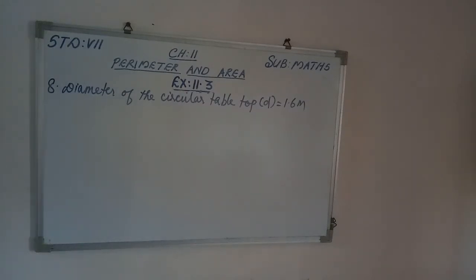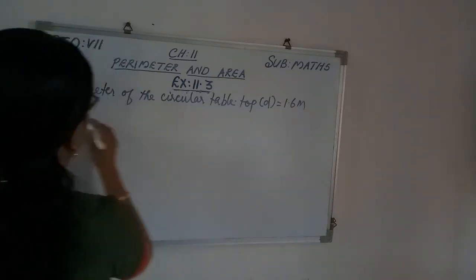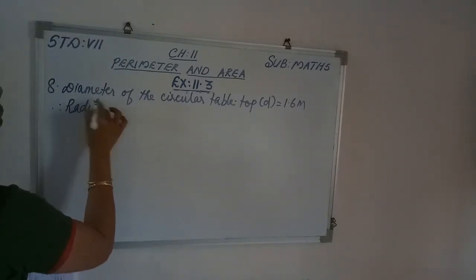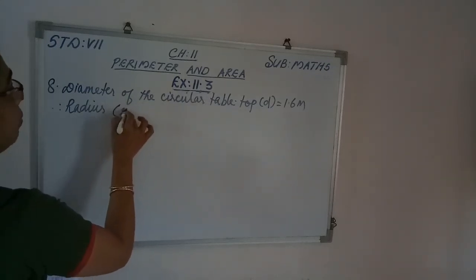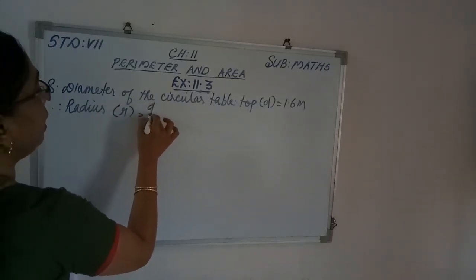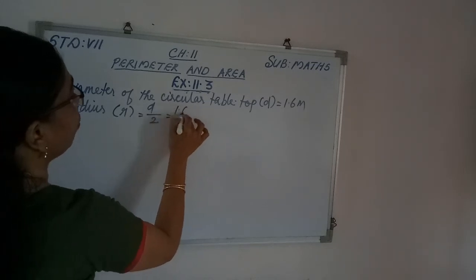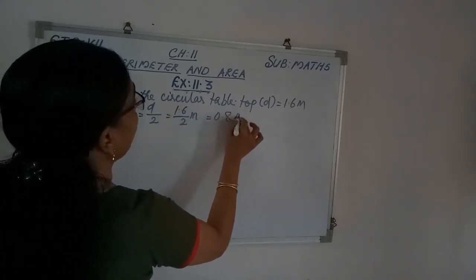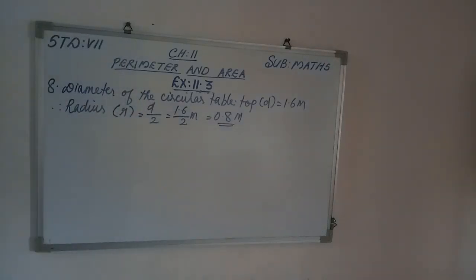Yes, 1.6 meter. Therefore radius of the circular tabletop, that is R, is equal to D divided by 2. 1.6 divided by 2 meter will give you 0.8 meter. That's the radius of the circular tabletop.